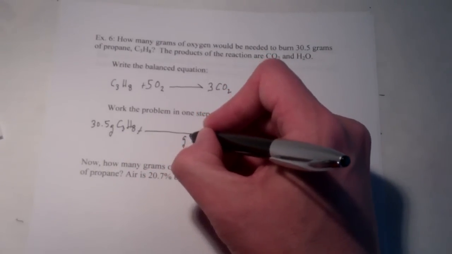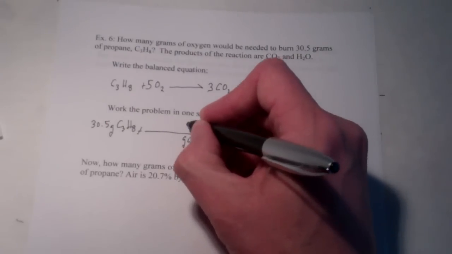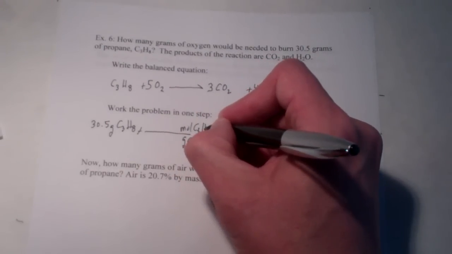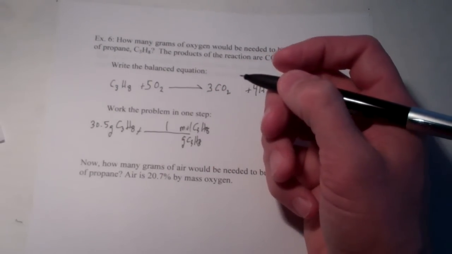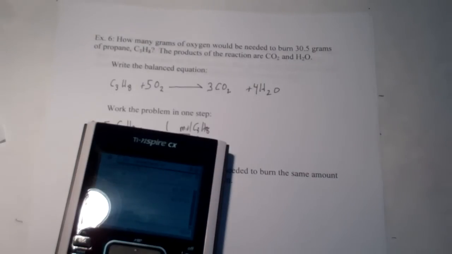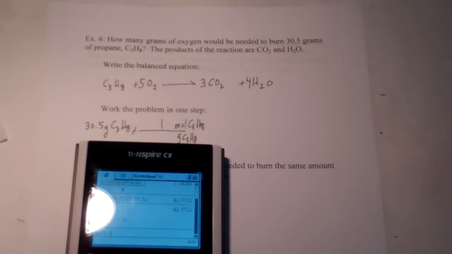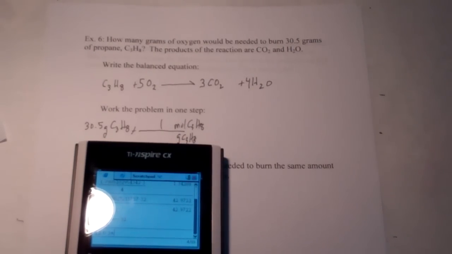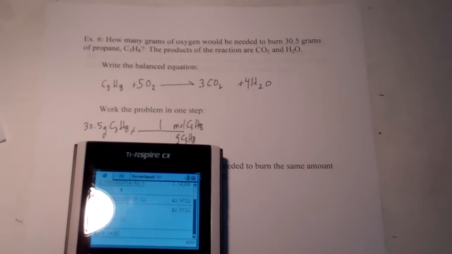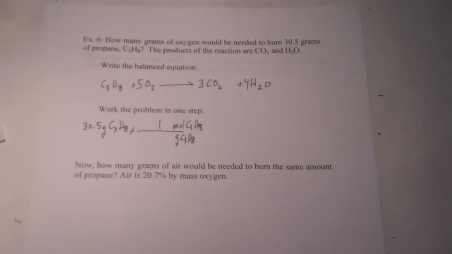We'll go from grams of propane to moles of propane. 1 mole of propane has a mass of, let's see, carbon is 12.01, and there are 3 of them. And then we will add to that the mass of 8 hydrogens, so I'll use my parentheses key, 8 times 1.01 for each hydrogen, and that gives me a mass of 44.08 grams per mole.